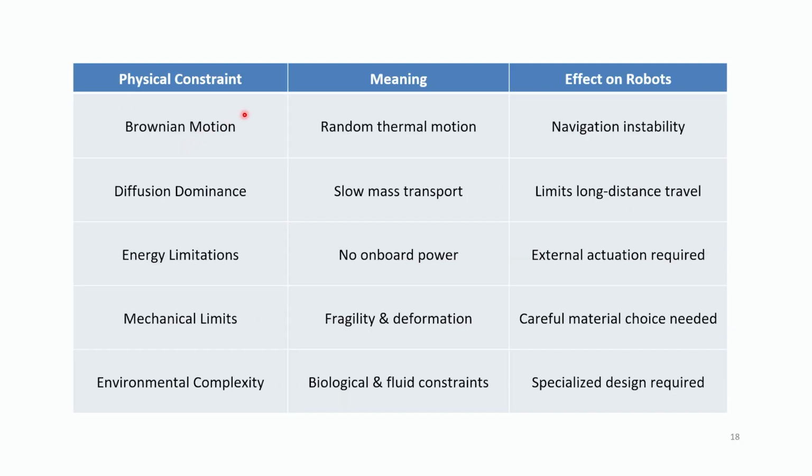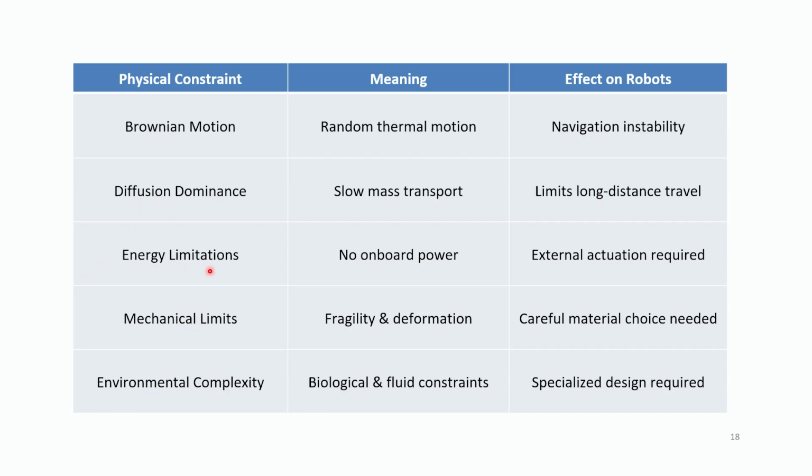Then Brownian motion, which creates random thermal noise, so the effect will be that your navigation won't be stable. Then diffusion dominance, there will be slow mass transport, which limits your long distance travel. Your bot can only travel short distances because of diffusion dominance.